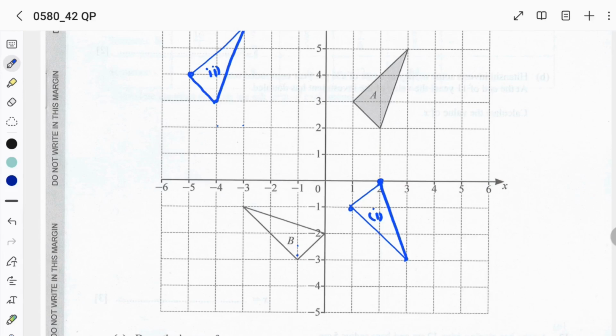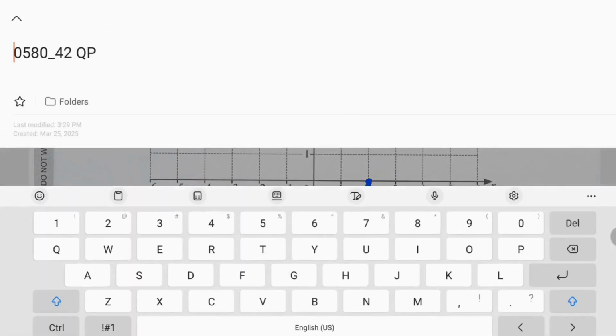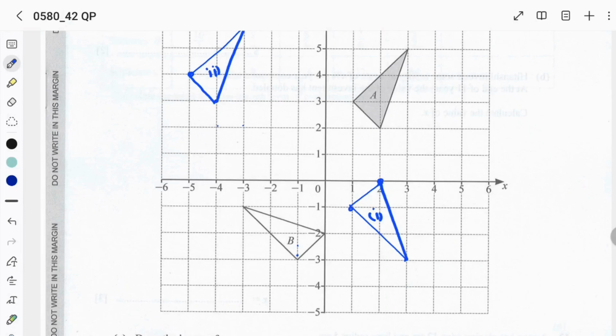Wherever the perpendicular bisectors meet, that will be the center of rotation. So I'm going to join these two corresponding points here, this one and this one.